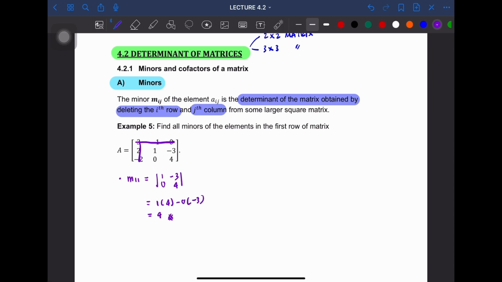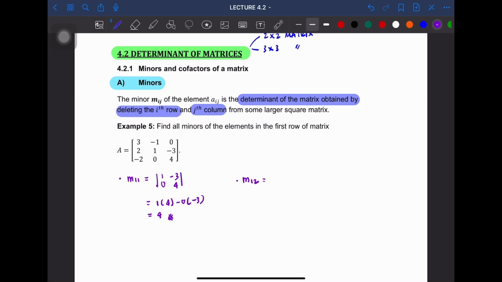Let's try again. Now we want to find the minor M12, meaning we have to find the determinant when we delete the first row and second column. The first row because i is 1, and the second column because j is equal to 2.